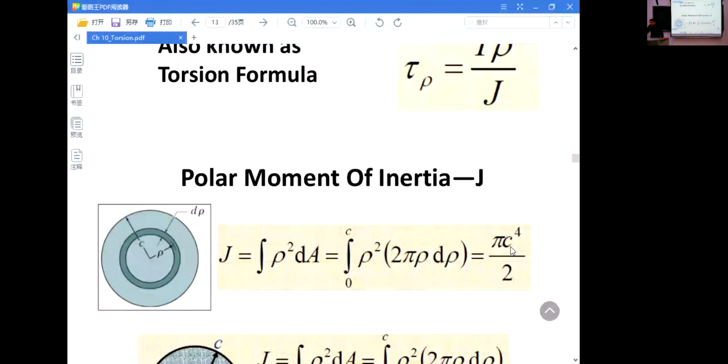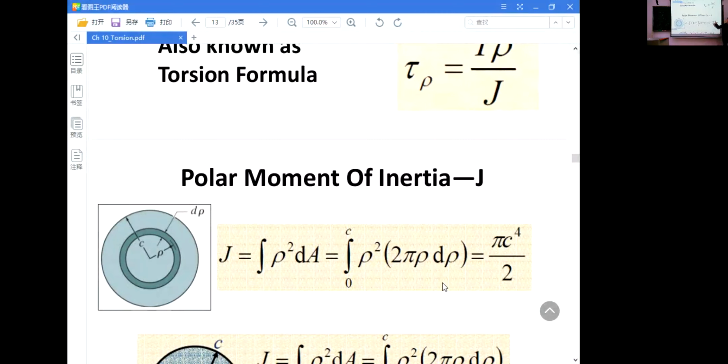Can you find it? It's advanced mathematics. You know it. You can. So if you don't know how to calculate, you just need to remember it. It's enough.